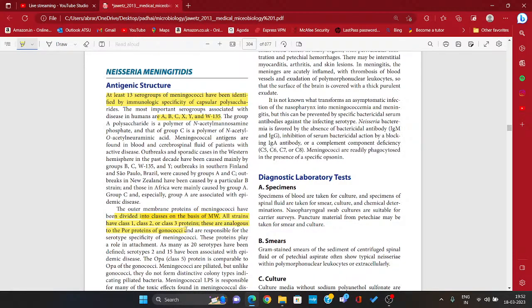Do you guys remember the core proteins present in Neisseria gonorrhoeae? The core proteins actually prevent the phagolysosome interaction.